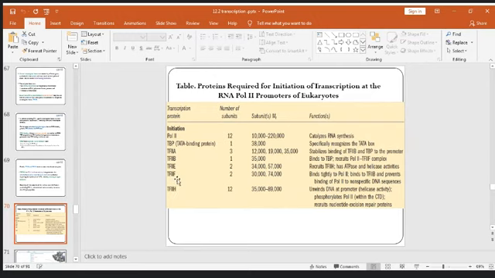Transcription factor 2F has two subunits, 30,000 and 74,000. It binds tightly to polymerase II, binds to transcription factor 2B and prevents binding of polymerase II to non-specific DNA sequences.